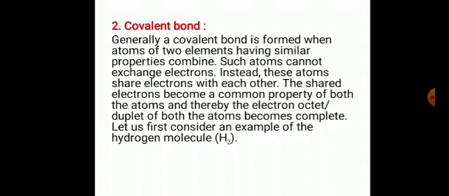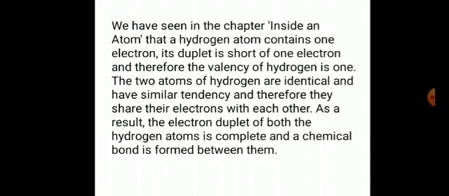We will consider the example of hydrogen molecule. We have seen in chapter Inside an Atom that a hydrogen atom contains one electron and its duplet is short of one electron, and therefore the valency of hydrogen is 1. Why the valency of hydrogen is 1? Because hydrogen atom has only one proton and therefore only one electron is there in K shell.